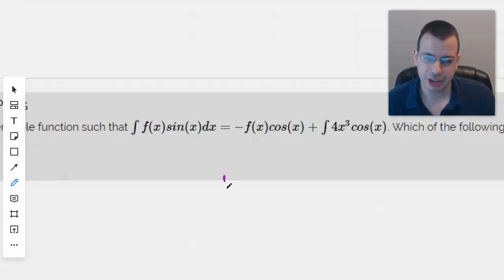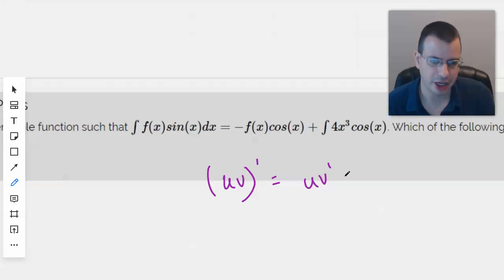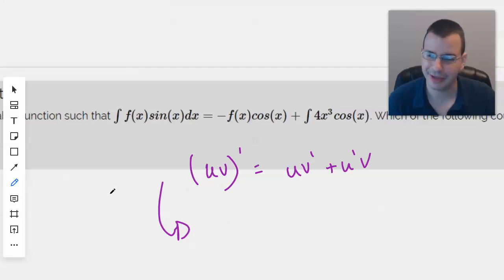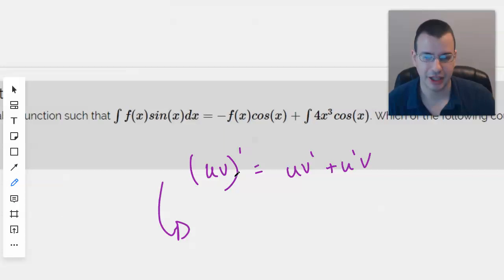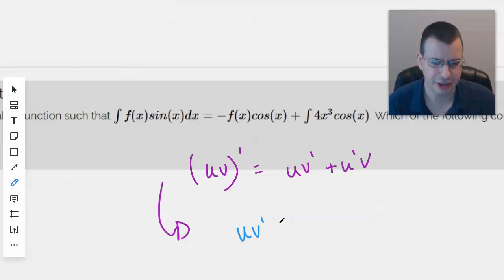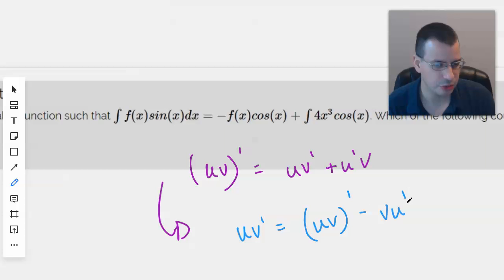So integration by parts: the derivative of uv equals uv prime plus u prime v. You're like, what? That's ridiculous. That's the product rule. Okay, you got me. That is the product rule. Integration by parts is the reverse, the undoing of the product rule. So I will say that u v prime equals the derivative of uv minus v u prime.